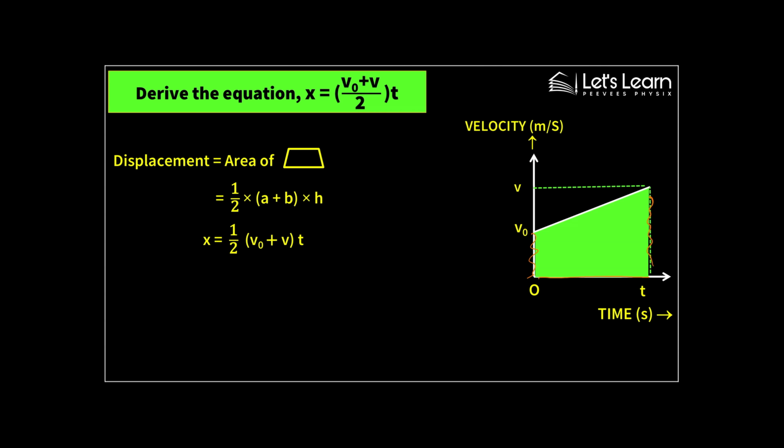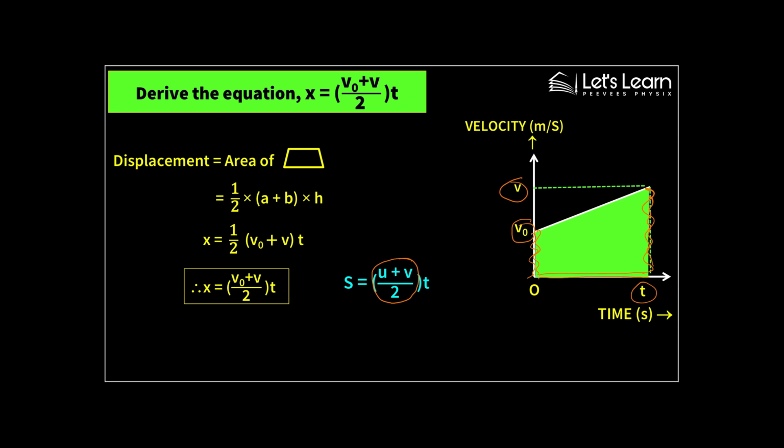And you can see from here, one of the sides is V0. The other side is V, so V0 plus V, and the distance between the two is just T. That's it. Done. In simple format, S equals U plus V divided by 2 times T. Eventually, this is the average of the two velocities times time.